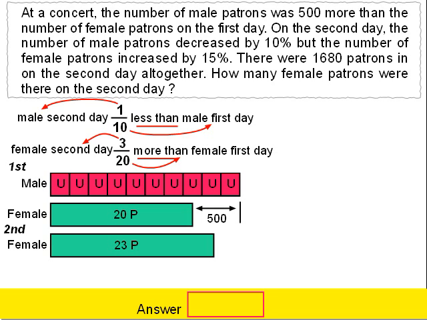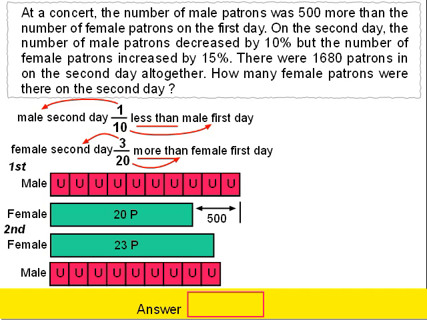Whereas for the male, we know that on the second day it has 1 less unit than the first day. So first day 10 units, therefore second day only 9 units. Alright, and we are told there were 1,680 patrons on the second day altogether. That means on the second day, the female and male add up to be 1680.